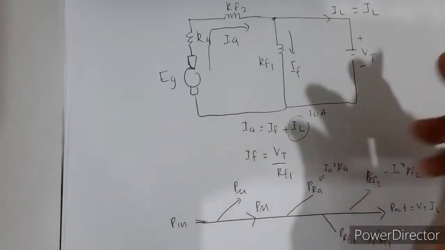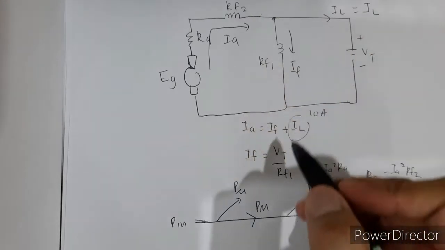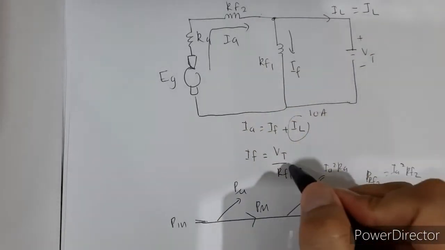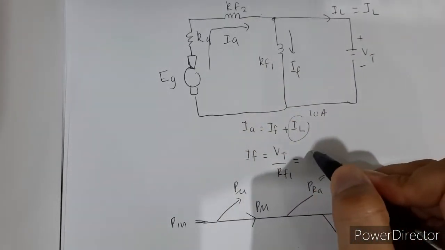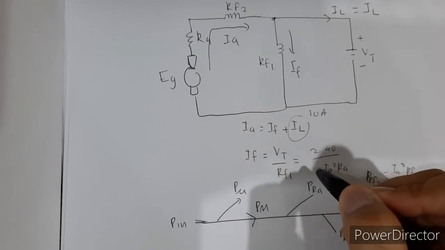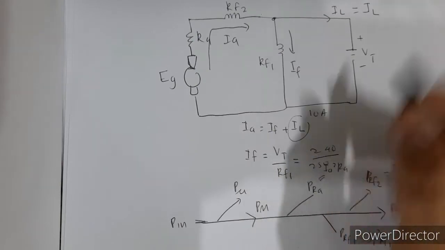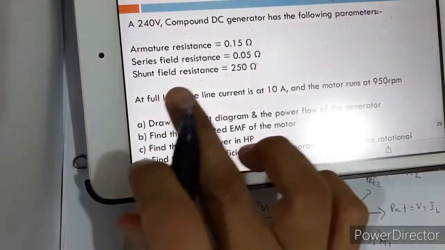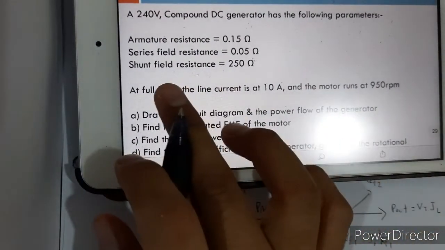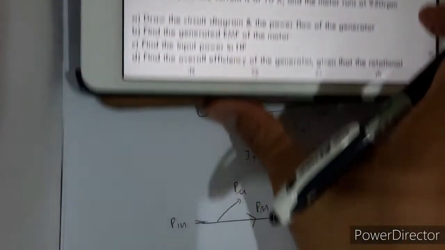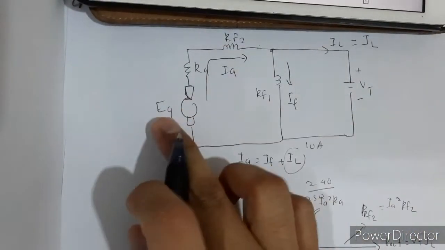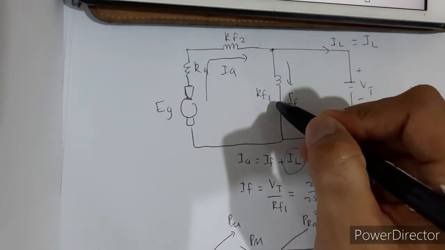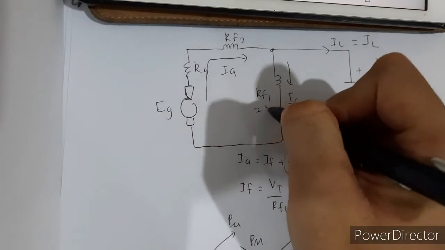From this circuit we can also determine IF, which is VT divided by RF1. 240 divided by RF1, which is 250. The question mentions shunt field resistance; shunt refers to parallel, so the resistance in parallel with the armature circuit is RF1, which is 250.